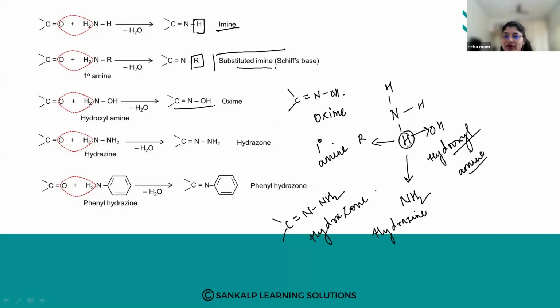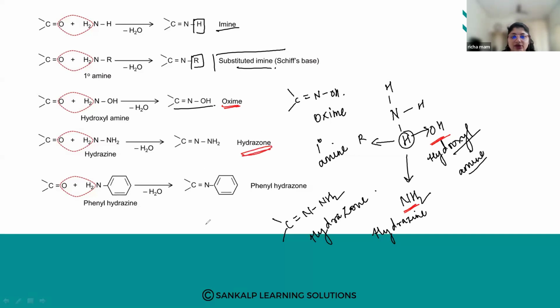Then when one of the hydrogens is replaced by an OH group, it is hydroxylamine, and the product obtained is oxime. Then when one of the hydrogens is replaced by an NH2 group, it is hydrazine, and the product obtained is hydrazone.